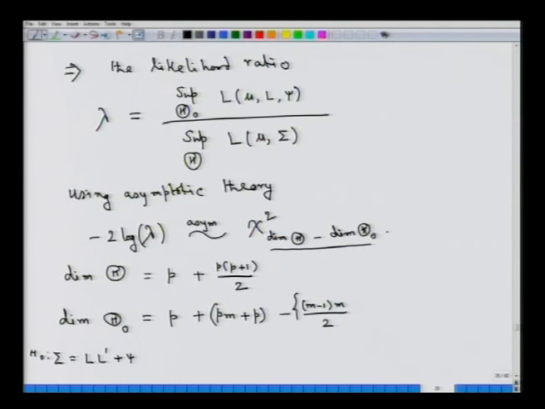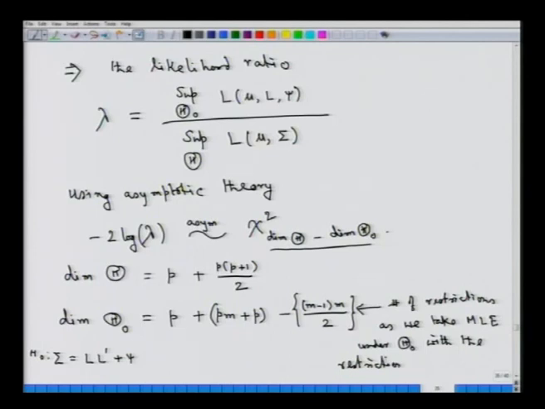Now, how is this one coming? This basically comes from the number of restrictions as we take the MLE under script theta naught with the restriction of a diagonal matrix.